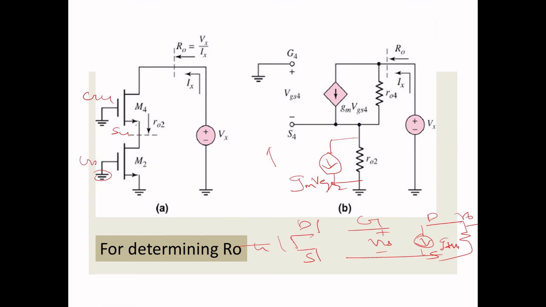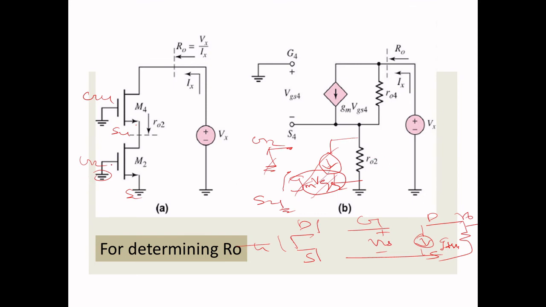Your G2 is connected to ground and source also connected to ground. So this is G2 and here you will be having S2. Both are connected to ground, so obviously this also is going to be 0 only. So no meaning to consider this terminal, right? So I removed it from this circuit, I have taken only the resistance.